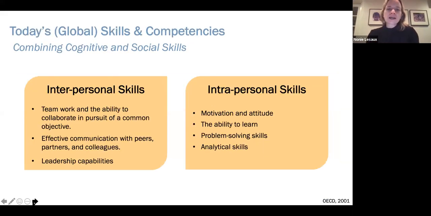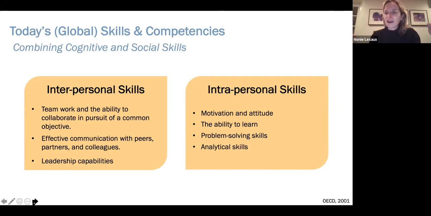When we talk about combining cognitive and social skills, we're thinking of at least 2 different buckets, right? At the level of the individual, we have my interpersonal skills, my ability to work with and relate to others, my ability to take their perspective when I go to make a presentation or write an email or write a memo or sit around a conference table and discuss, right?